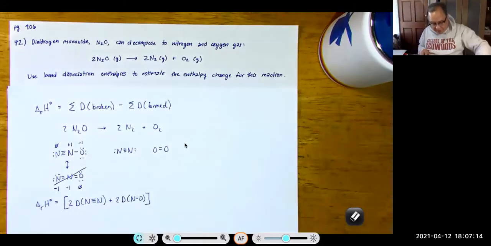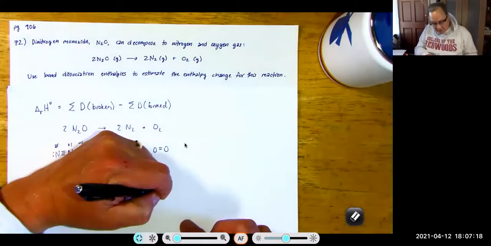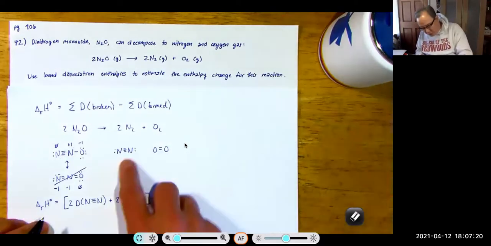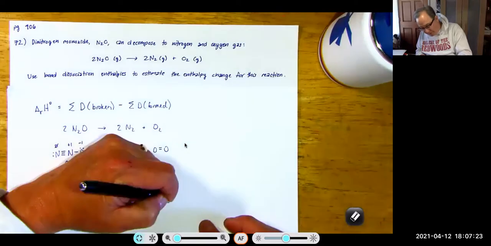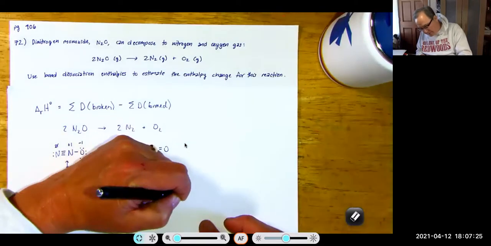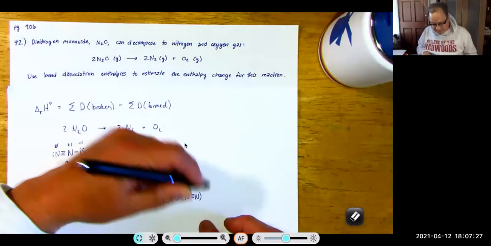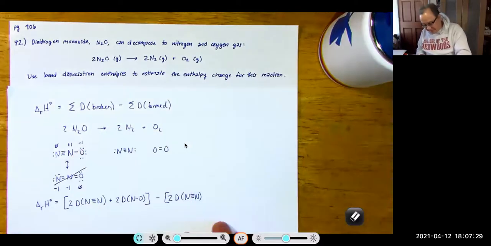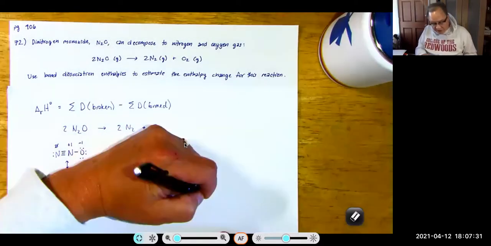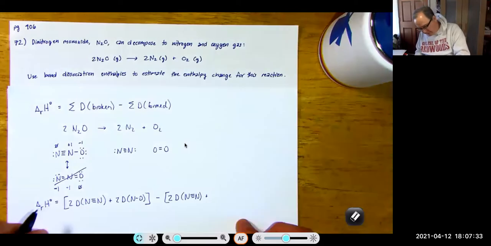So those are the ones that are broken, and the ones that are formed are the nitrogen-nitrogen triple bond, but there's 2 of them. And here we have 1 oxygen-oxygen double bond.